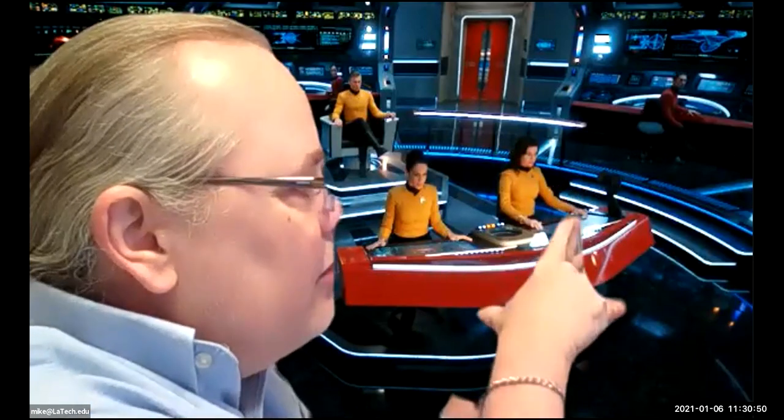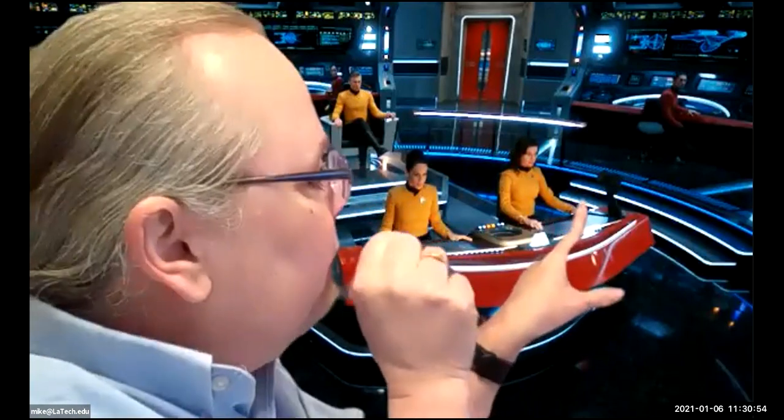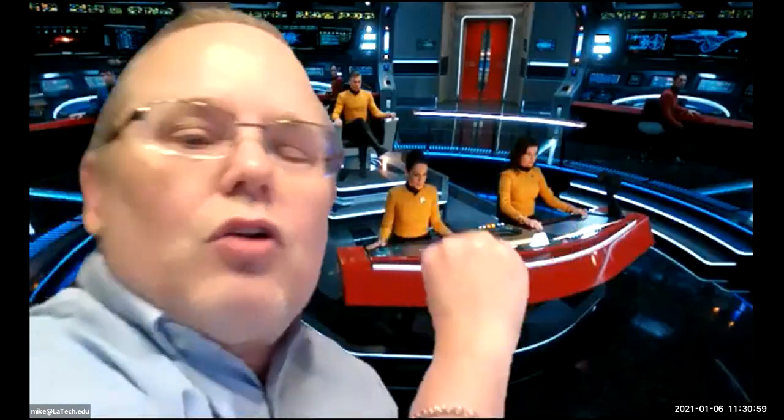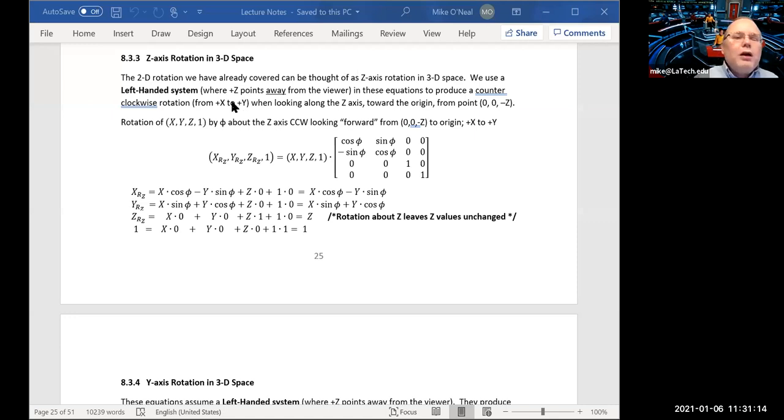So it's going counterclockwise when viewed from, where are we viewing it from? We're viewing it from 0, 0, some distance in minus z. So the z-axis rotation, the way we've defined it in a left-handed system, like I said here in the notes, where positive z is going away from us, right?